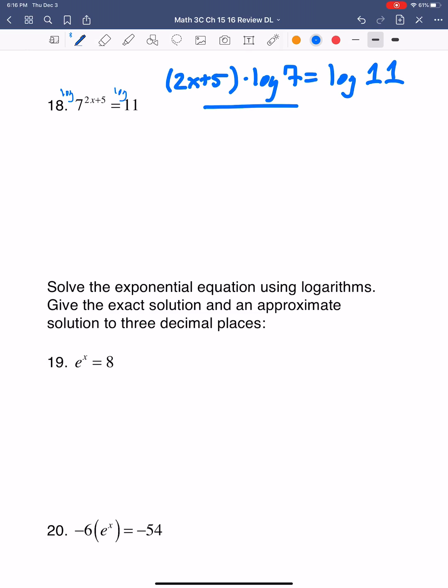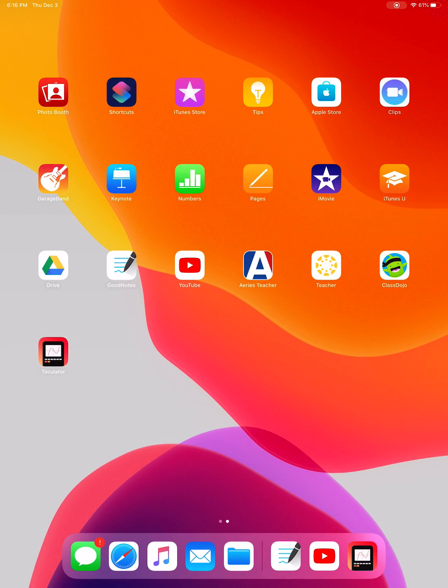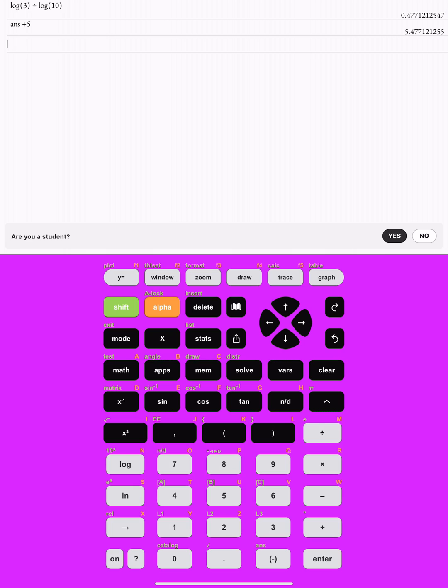Divide both sides by log 7. And so we're going to end up with 2x plus 5 equals, let's see, log 11 divided by log 7. Gives me 1.23.